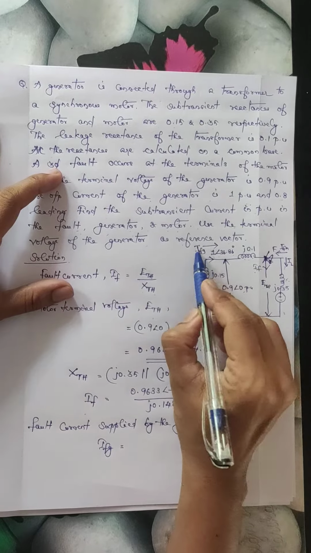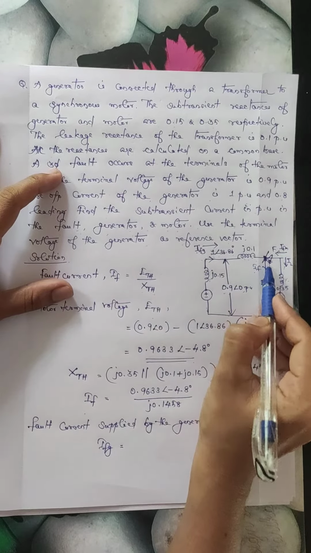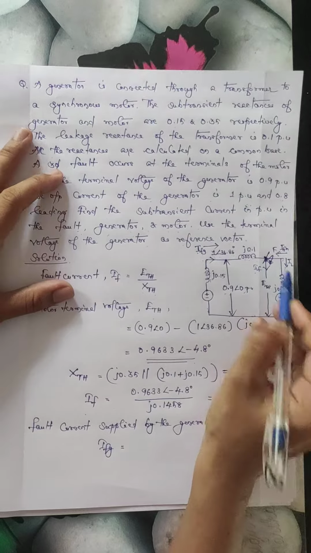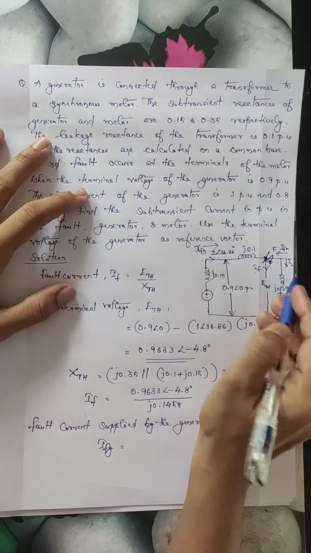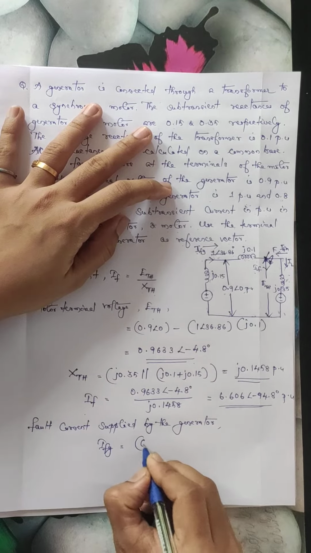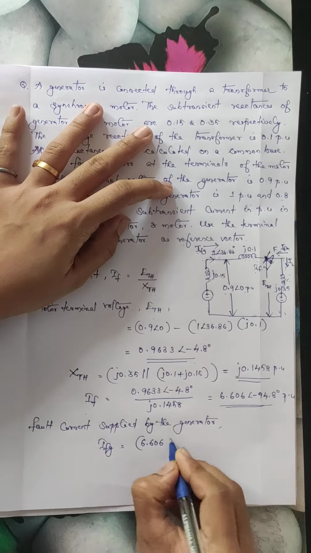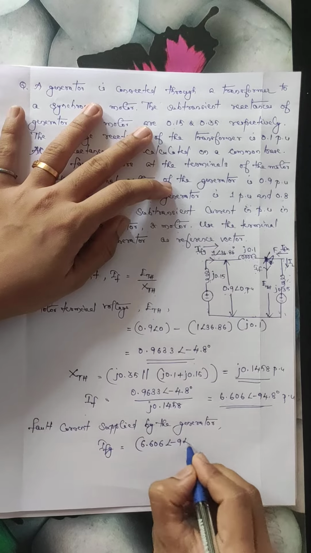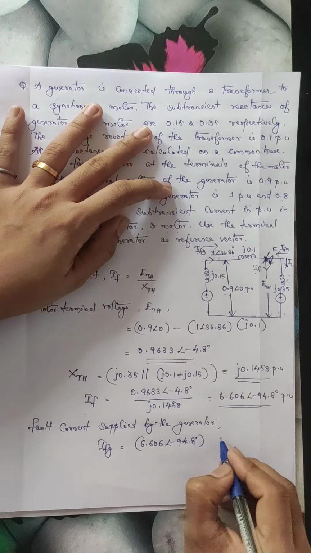If we have to calculate IFG, it will be equal to total fault current into opposite branch reactance divided by total reactance.